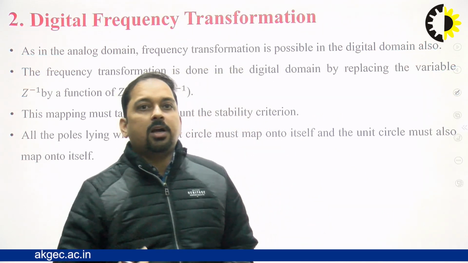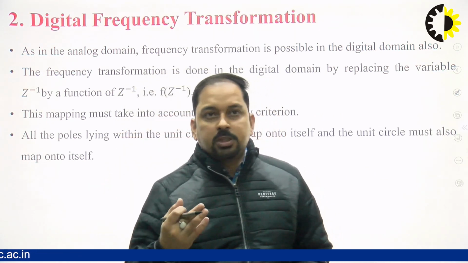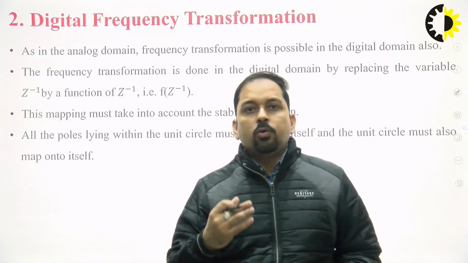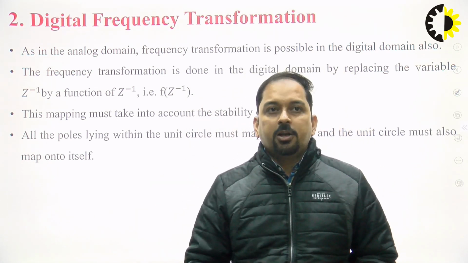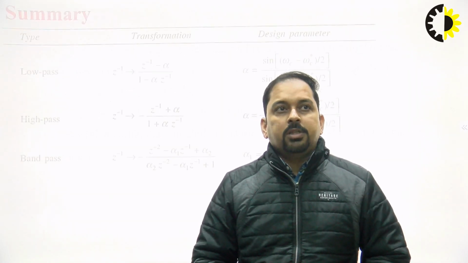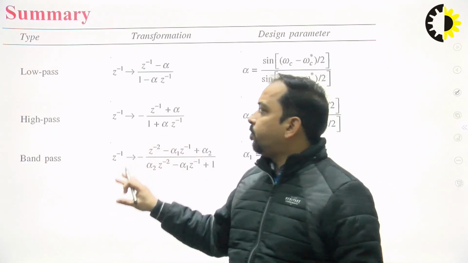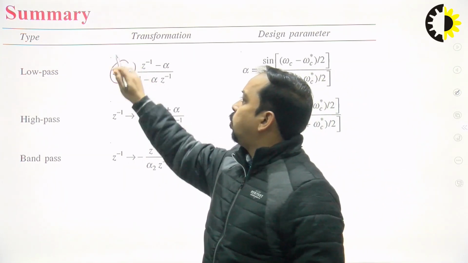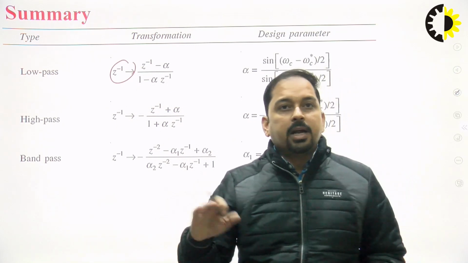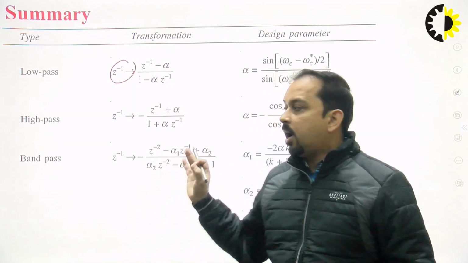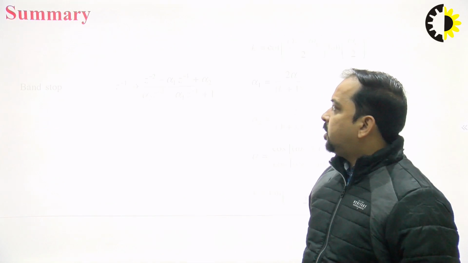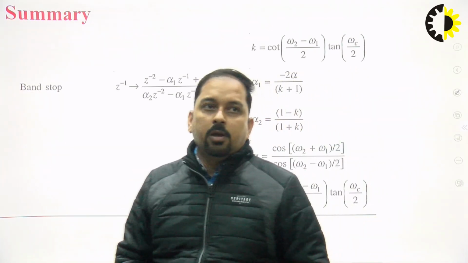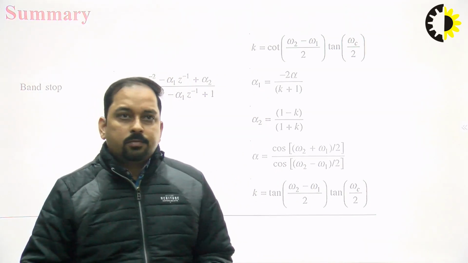We are already aware of the different types of transformation techniques, but the point to be remembered is that we need to check the stability of the system in parallel. These are the relationships for the digital frequency transformation: digital low pass to a digital low pass at some other frequency, similarly for high pass, for band pass, and for band stop filter. These results need to be remembered if you want to design these filters.